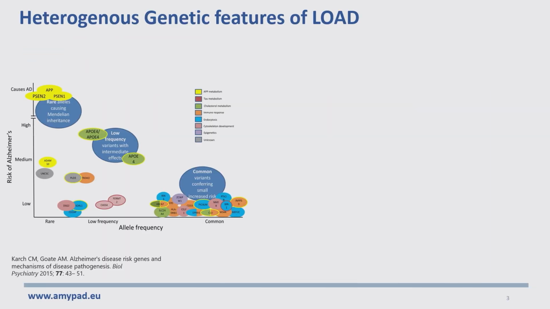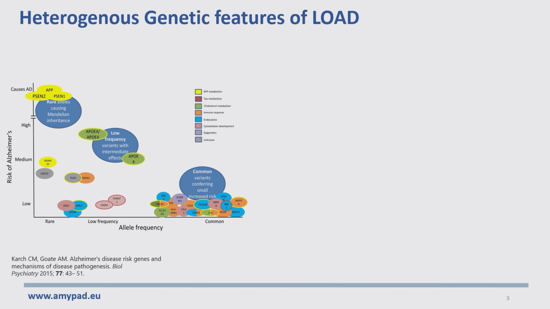So you've seen this picture already in Neda's presentation. We know that Alzheimer's disease is a complex interplay between genetic and environmental factors, and some types of Alzheimer's disease, like the familial one, are strongly determined by rare variants like the APP or the PSEN1 or 2 gene, but also the most common late onset Alzheimer's disease has a strong genetic influence.